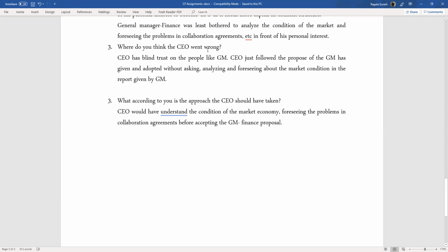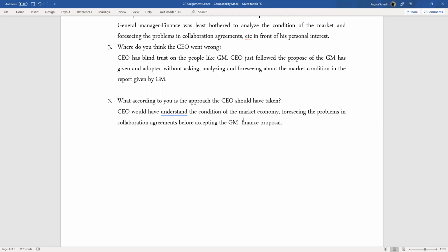Where do you think the CEO went wrong? The CEO didn't analyze anything in the report submitted by the GM Finance. He just blindly accepted his decision because he was a trusted person for him. That is the mistake he has done. And what, according to you, is the approach the CEO should have taken? He should have analyzed the report before the decision, foreseeing the difficulties he would face in taking up the new project.